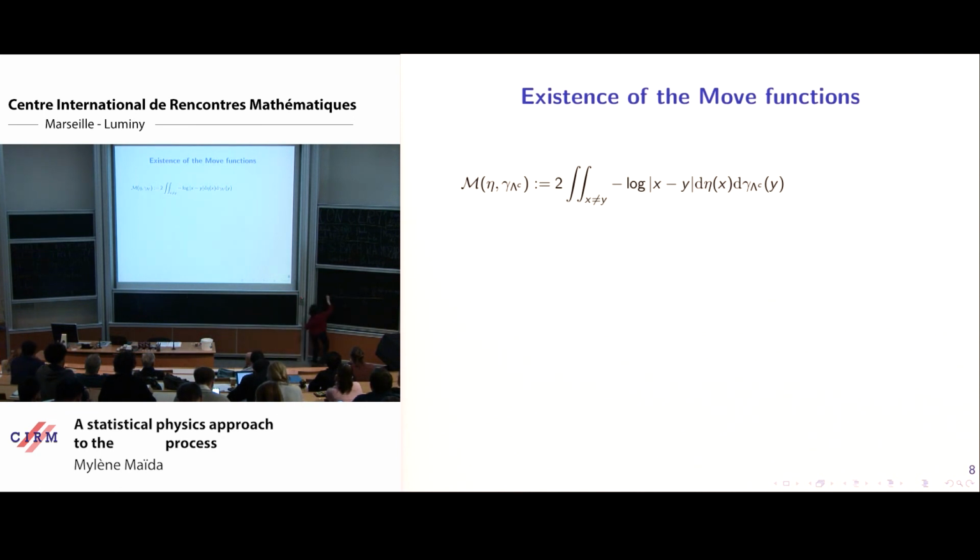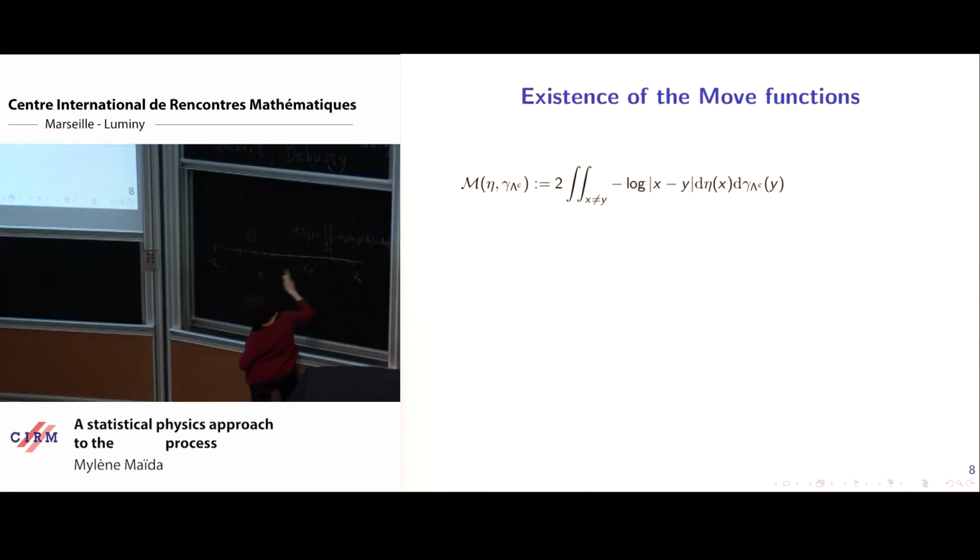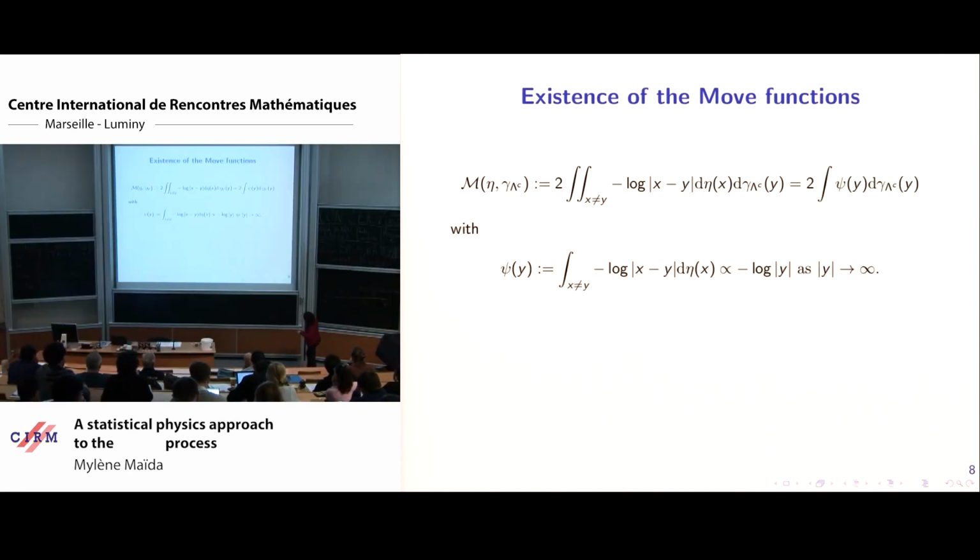So here you have a minus r, let's say, and you define the interaction between the configuration outside lambda, but inside minus r, and you want to let r go to infinity. So can you do that?